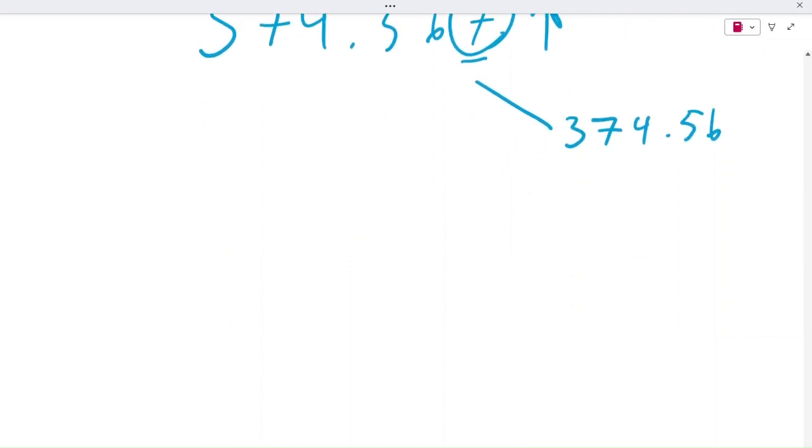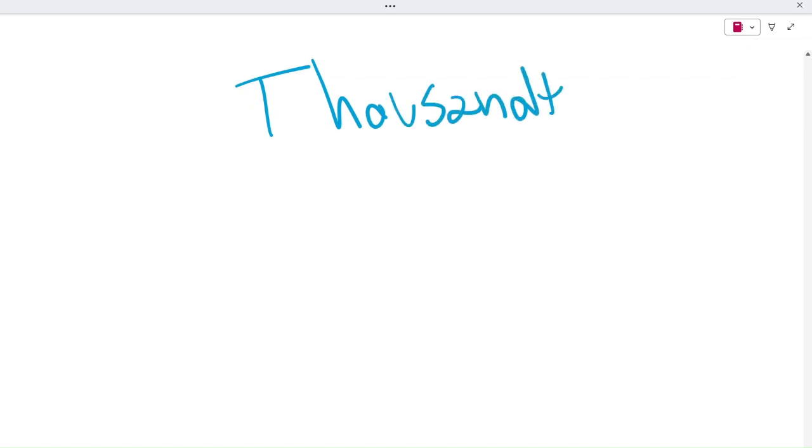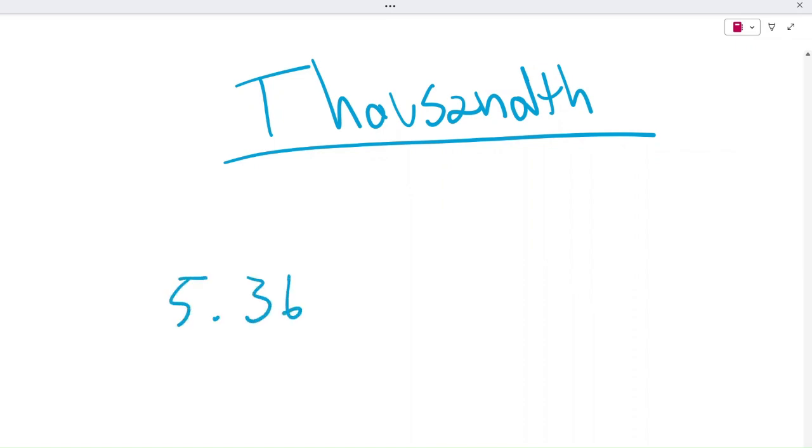Now say we want to round to the nearest thousandth location. So let's say we have 5.36721. Well, we know that this location is the thousandth location.